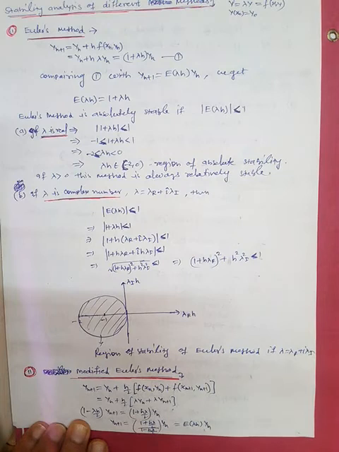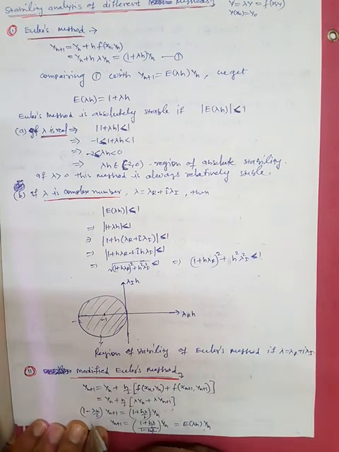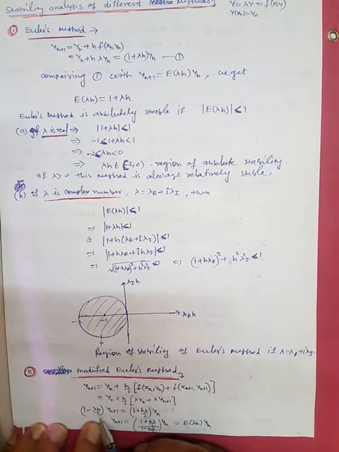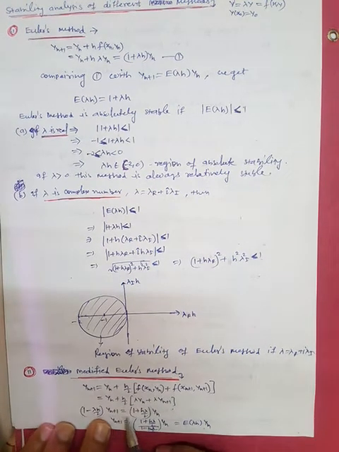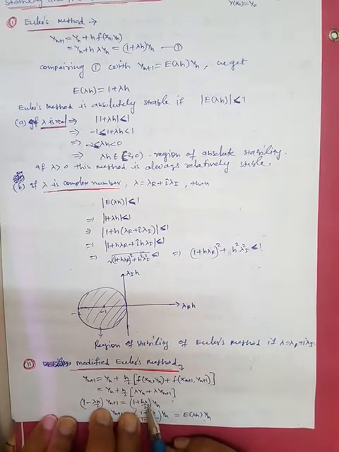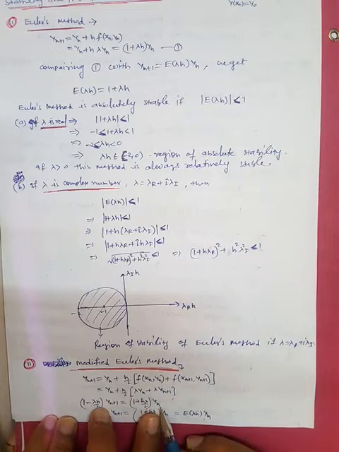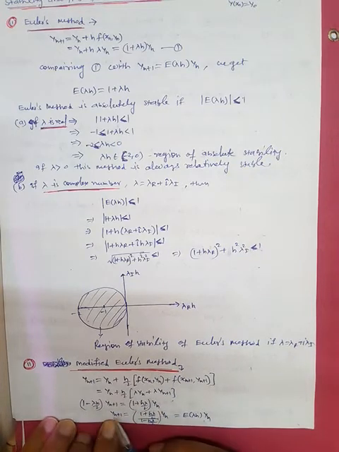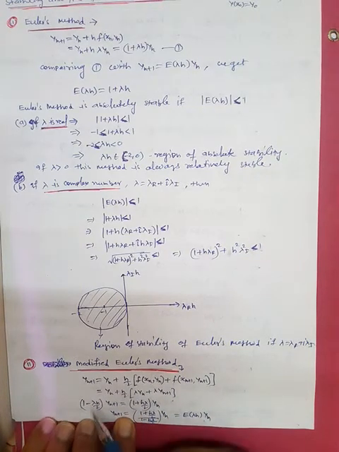Now we can take y_{n+1} on the left hand side and the y_n term on the right hand side. So we get (1 - λh/2) y_{n+1} = (1 + hλ/2) y_n. So y_{n+1} = [(1 + hλ/2) / (1 - hλ/2)] y_n.